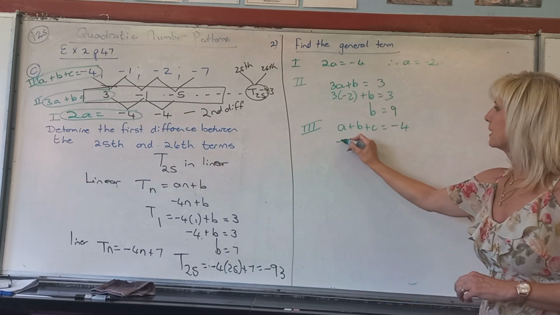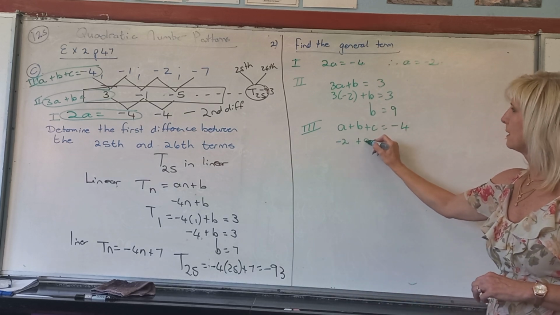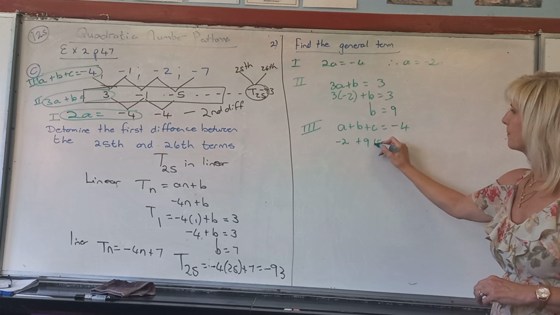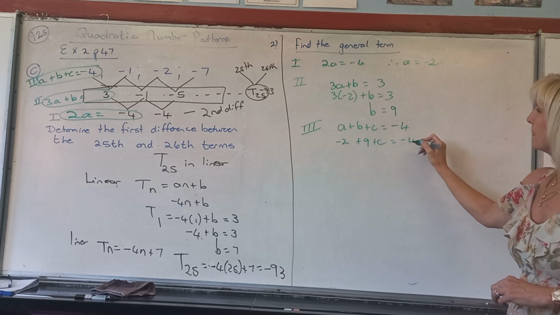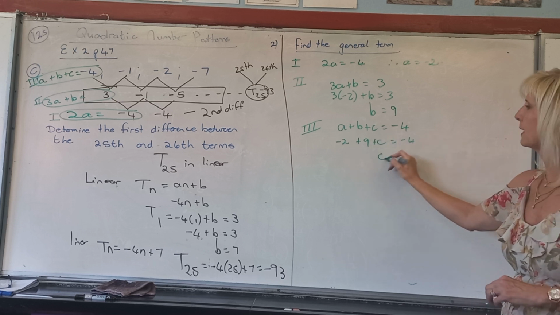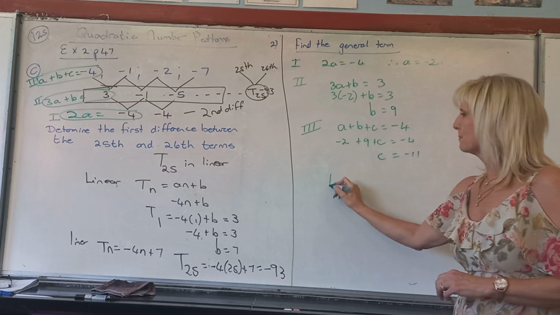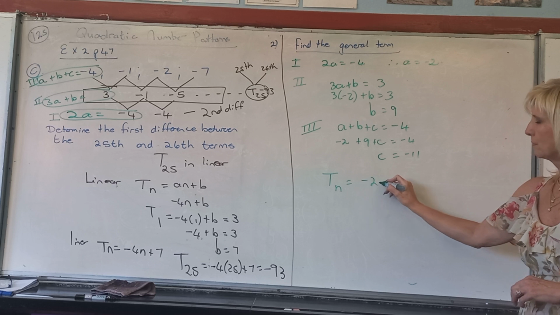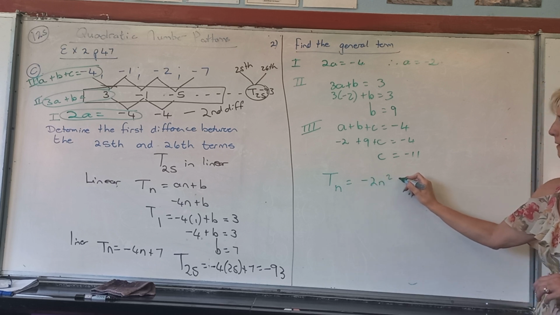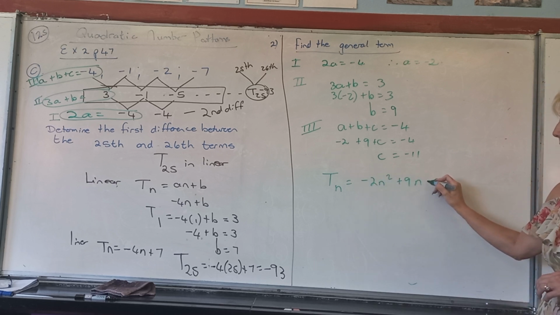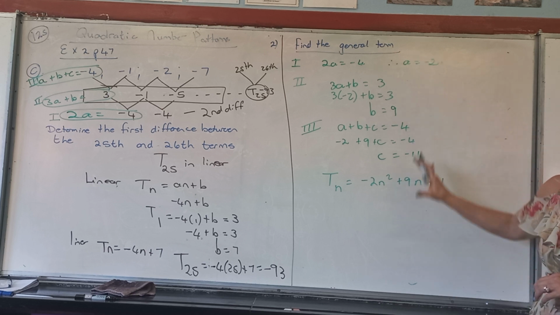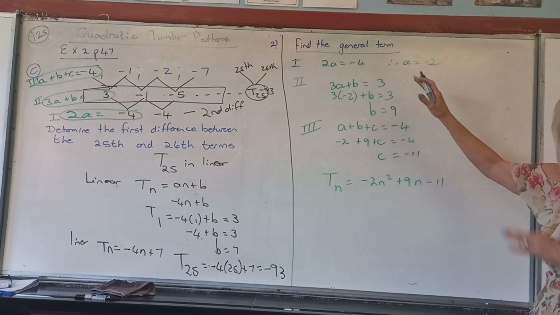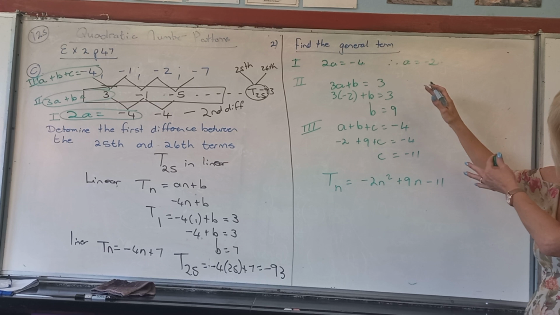A value was negative 2, b value was 9. So my c value, negative 11. I agree. So that my general term is negative 2n squared plus 9n minus 11. And this would be around about 4 or 5 marks. That's our recipe. That's our bonus points.